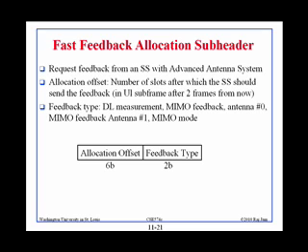So when a base station wants to get a feedback from a SS, subscriber station, with advanced antenna system, then what it does is it sends this header, and this header basically is 1 byte long, which says allocation offset and the feedback type.